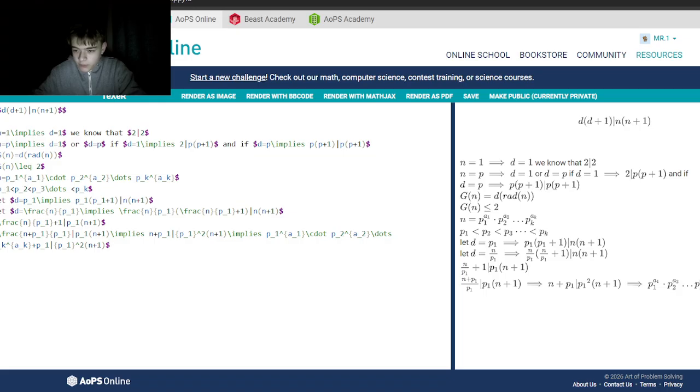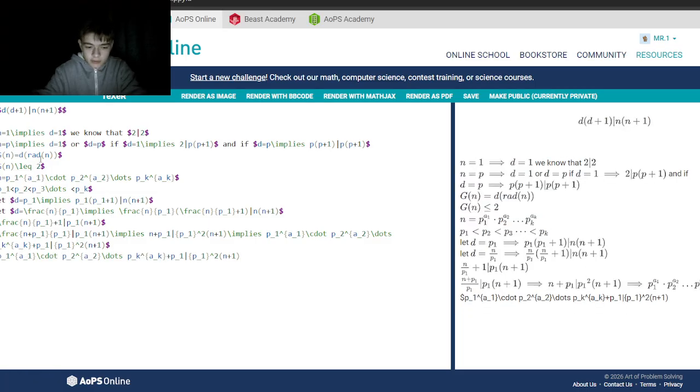Now we can just remove p1 from both sides, so we get this whole thing, but the difference is that we put this here and plus 1 here, and we can remove this like this.